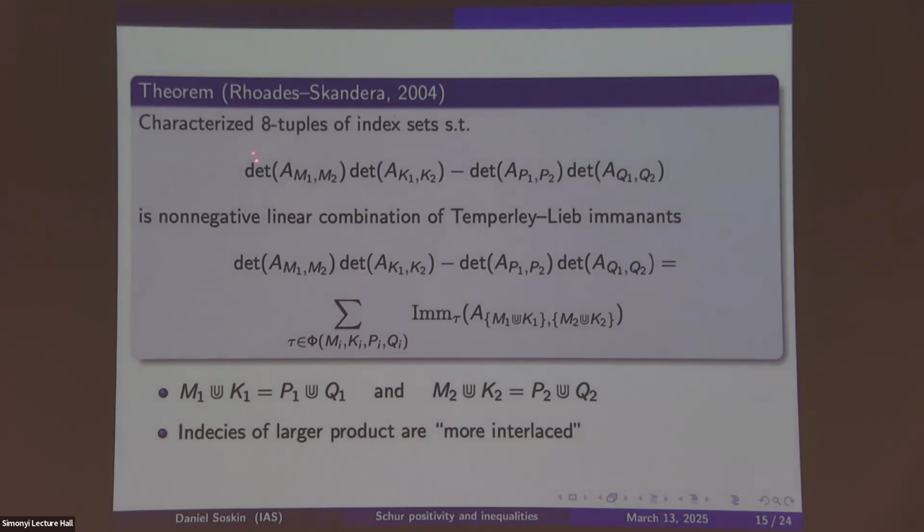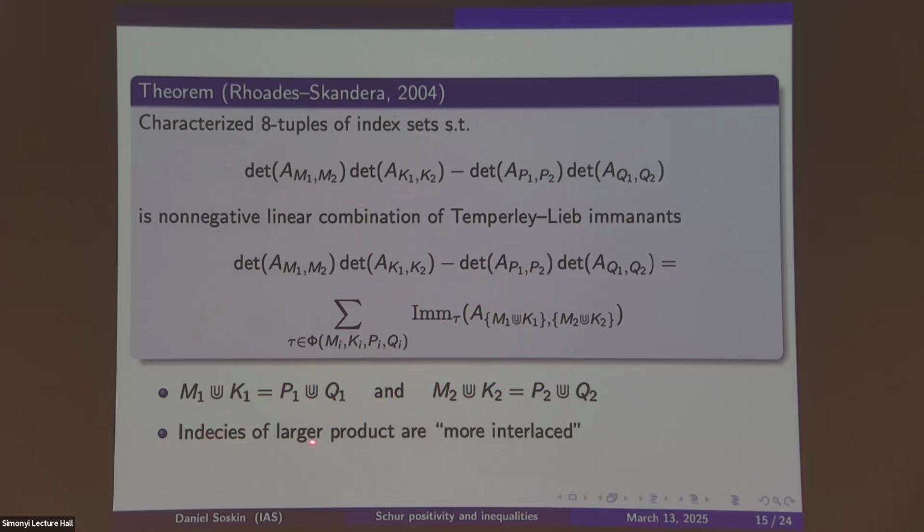Skandera and Rhoades characterized all such products between 2 minors. They characterized differences between products of pairs of minors which can be written as a non-negative linear combination of immanants. They have a complete characterization, but it's quite technical, so I will just tell intuitively what it means. First, we need that the multiset union of rows and columns in each product is the same.